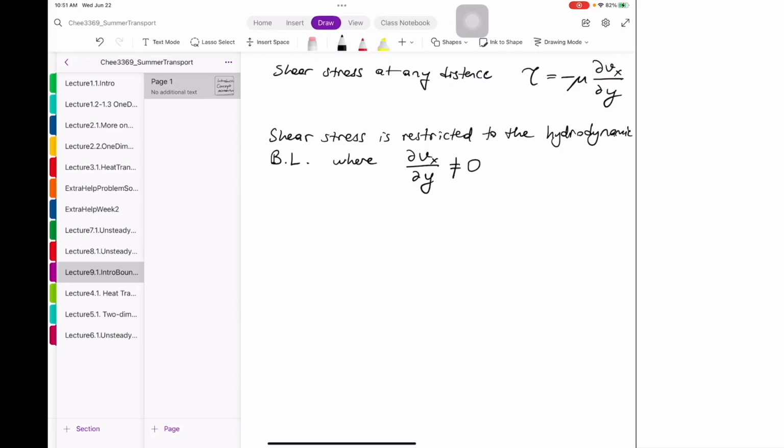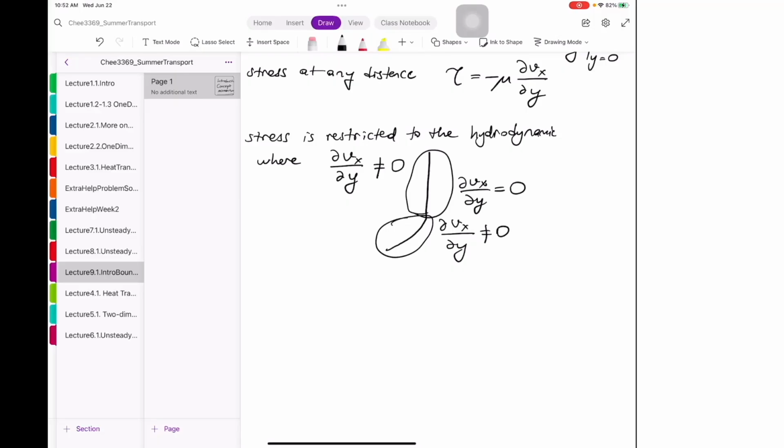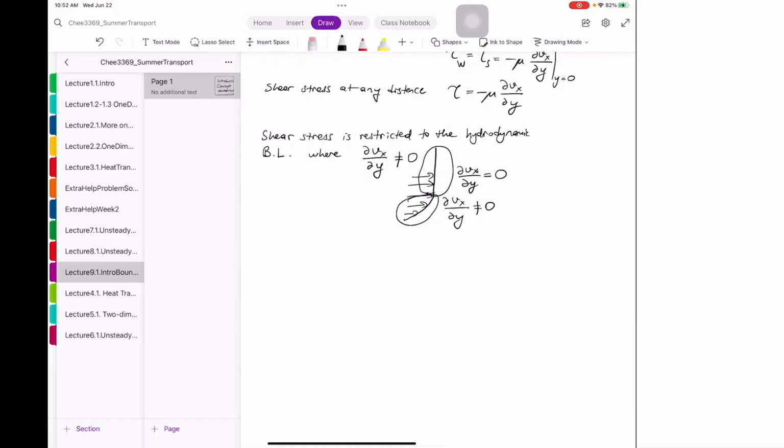But beyond the hydrodynamic boundary layer, you have it 0 because the profile doesn't change anymore. Like the profile is changing with Y, and then it's not changing with Y anymore. So this is where you have the del Vx over del Y non-zero, but here you have del Vx over del Y is 0. Okay. And so on. That's the schematics.